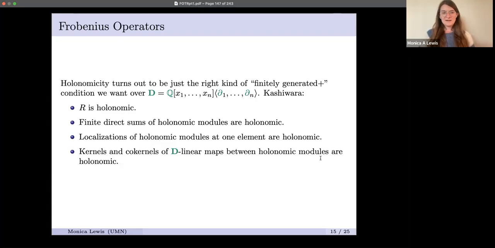So this property has exactly the things that we want off of our wish list, in addition to many more highly desirable things that are not relevant to the immediate discussion. Okay, so for us, the niceness condition in characteristic 0 is holonomicity, which is a strengthening of mere finite generation.